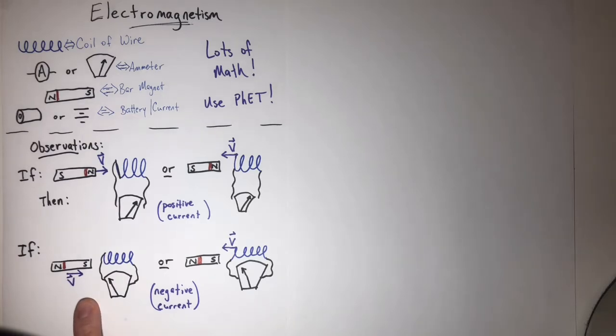If, on the other hand, you move the south pole of the magnet towards the coil, or you move the coil towards the south pole of a stationary magnet, you find that the ammeter records a negative current, a current in the opposite direction.